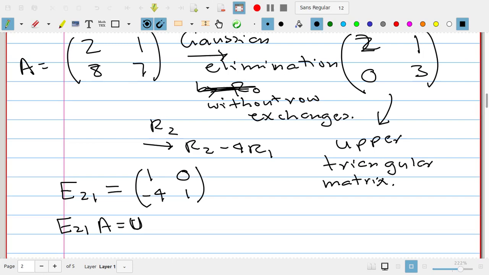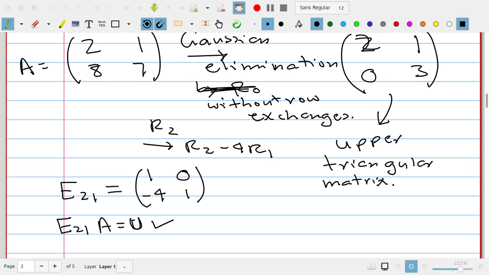You can check, right? 1 0 times 2 8 should give you 2. 1 0 times 1 7 should give you 1. And then minus 4 1 times 2 8 should give you 0. And minus 4 1 times 1 7 should give you 3. Okay, so this is correct.